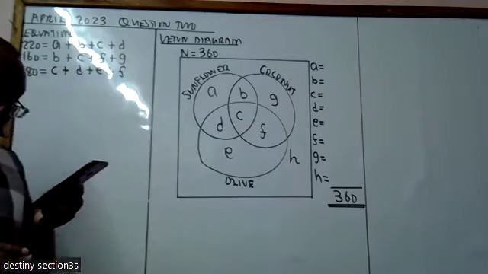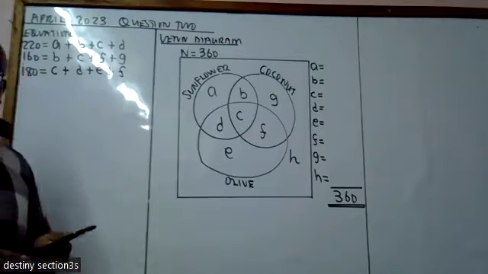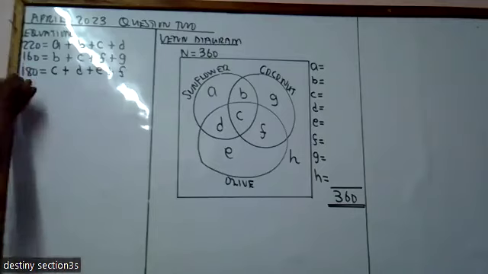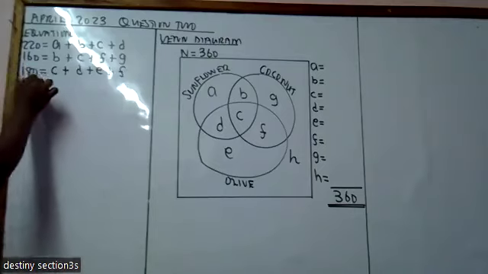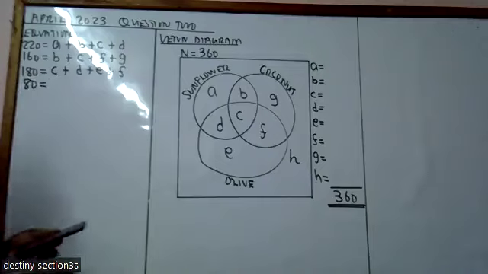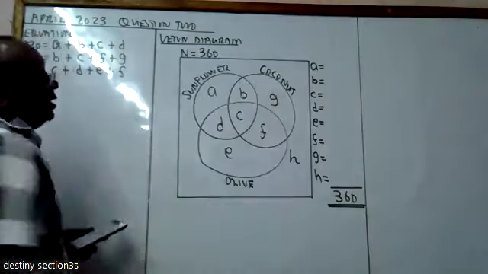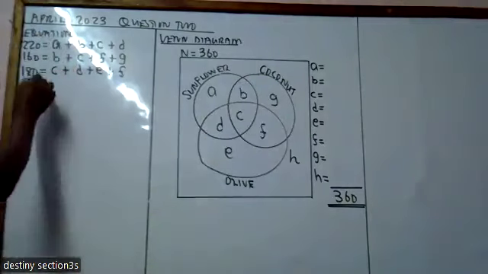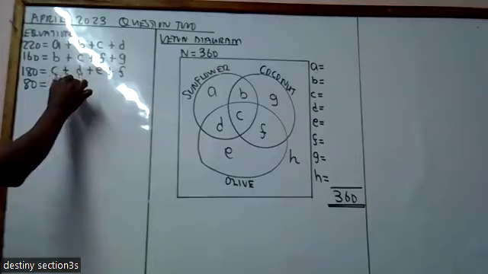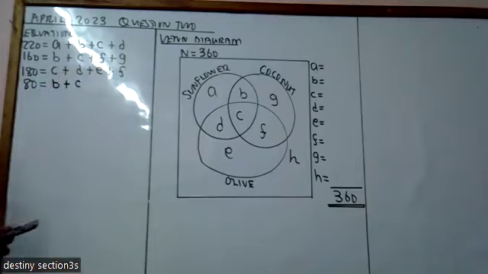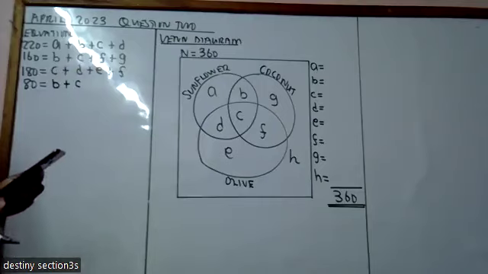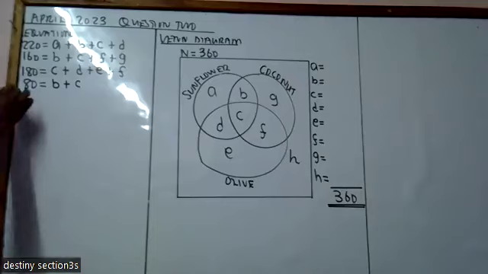Then 80 preferred both sunflower and coconut. So where the two meet, sunflower and coconut, that is B and C. So you say B plus C, where they meet. And then 110 preferred both sunflower and olive.